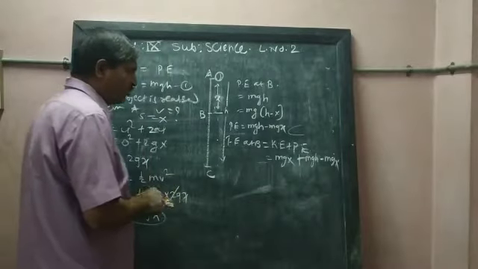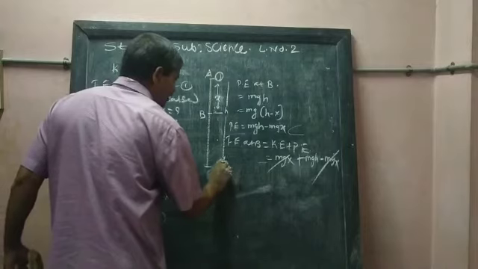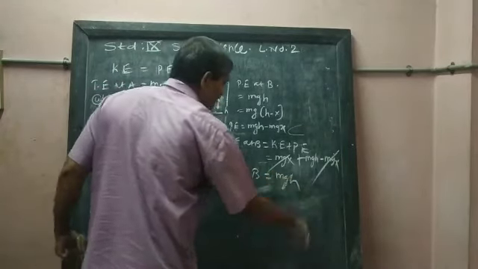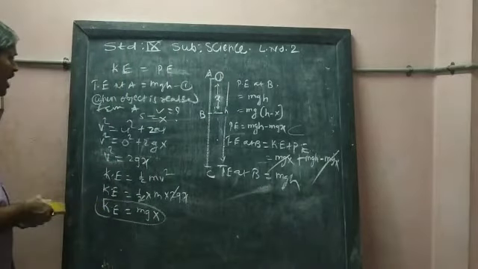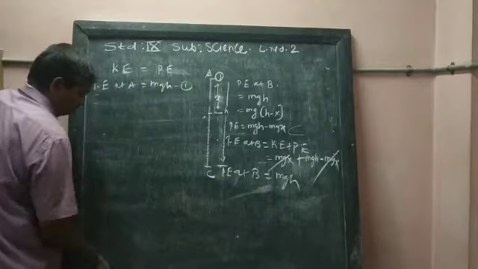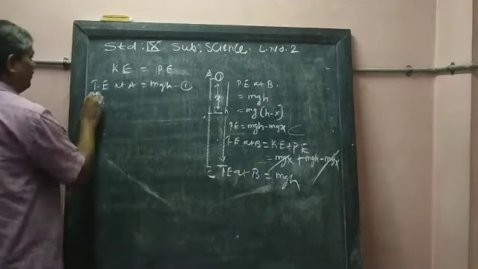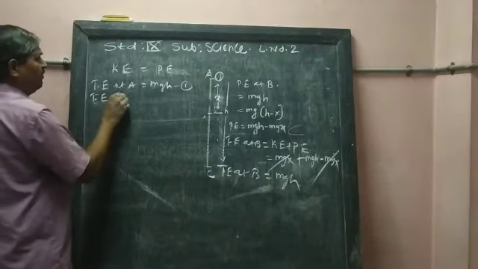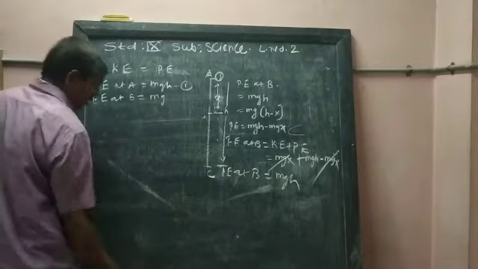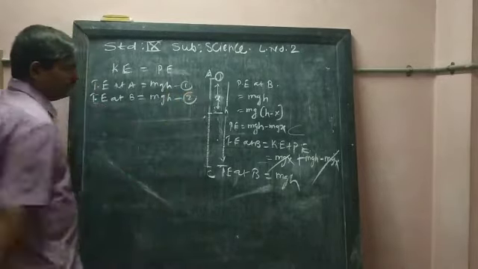So positive and negative mgx are cancelled, and total energy at B is equal to mgh. That is number 2. Total energy at B is equal to mgh, number 2.